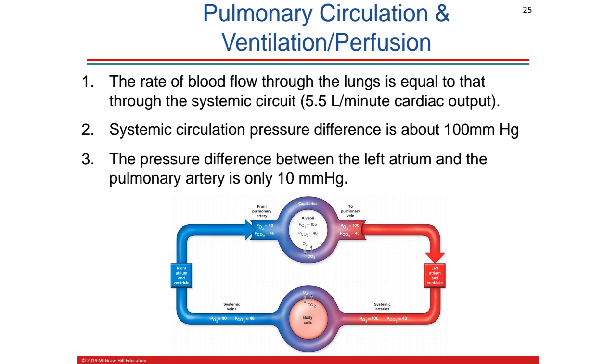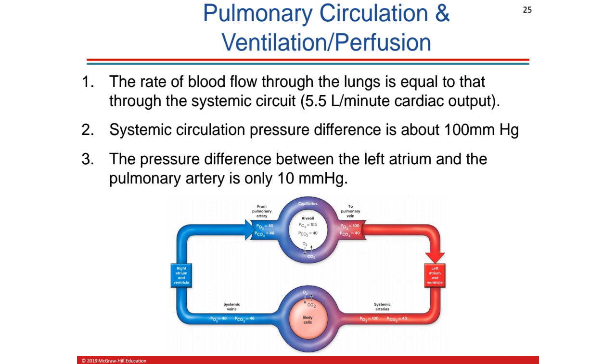But recall that the blood flow, the volume per unit time, is the same between the two circuits. So in order to have the same amount of flow, but with a much lower delta P, the pulmonary circuit must have a much lower resistance to flow, and that's in fact the case.